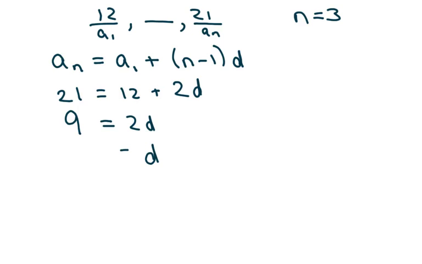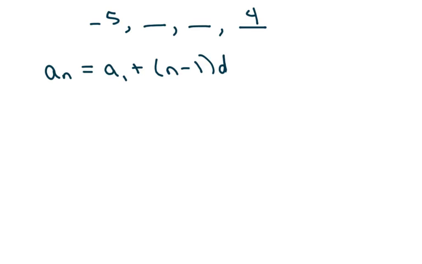So d is 9 over 2, or 4.5. So basically all you're going to do is add, since it's arithmetic, 4.5 to this, and you get 16.5. And that's your answer.